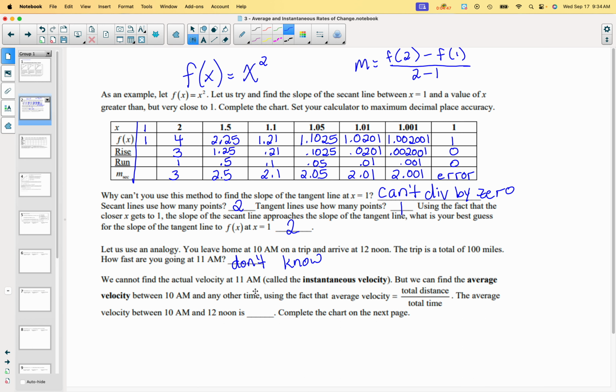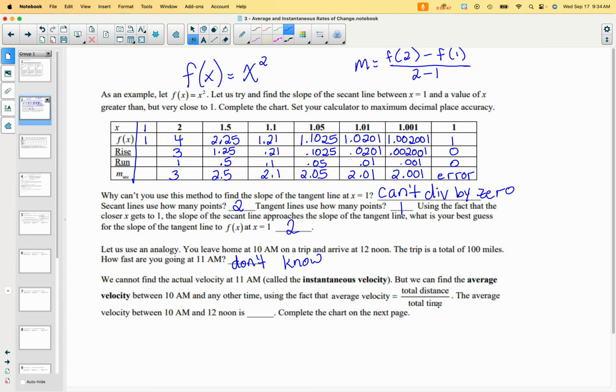We can't find the actual velocity at 11 a.m., which is the instantaneous velocity, but we can find the average velocity between 10 a.m. and any other time using the fact that average velocity, and you should know this from physics, is total distance divided by total time.